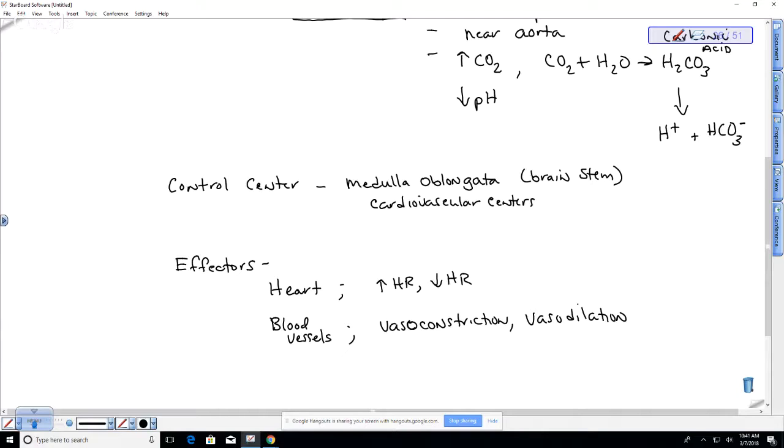The opposite, if your blood pH got too high and was too basic and not acidic enough, then you'd have a decrease in heart rate. And that is going to help you to retain carbon dioxide in the blood so that your blood pH will go back down.